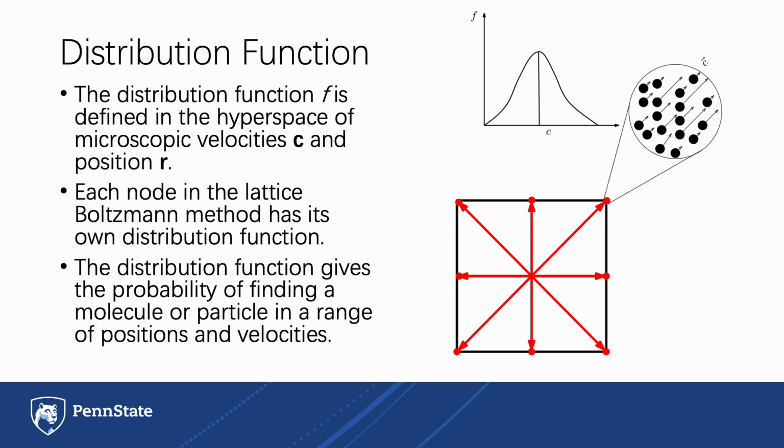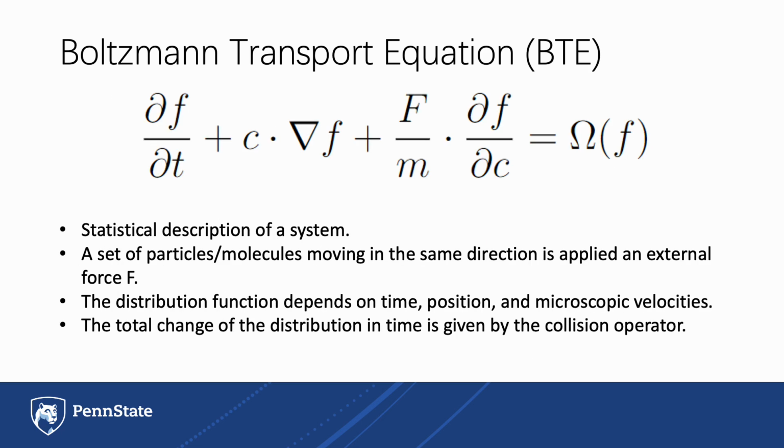This distribution function, which is given in each node of the Lattice-Boltzmann method, gives the probability of finding one particle not in a specific velocity, but in a range of velocities. This means that the probability of finding a particle in one exact velocity is 0.